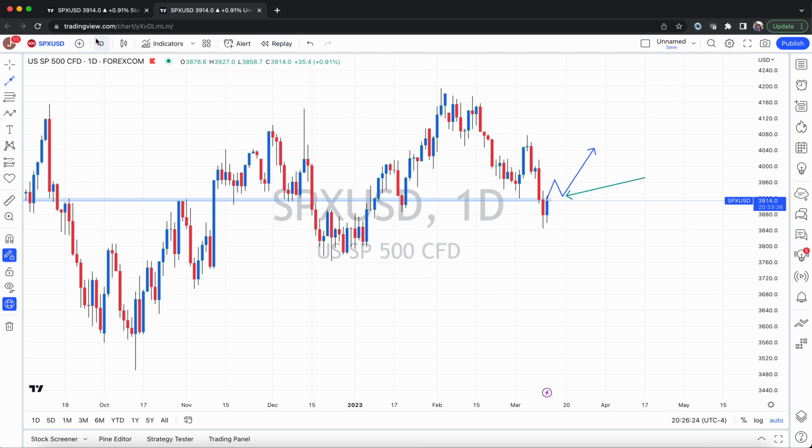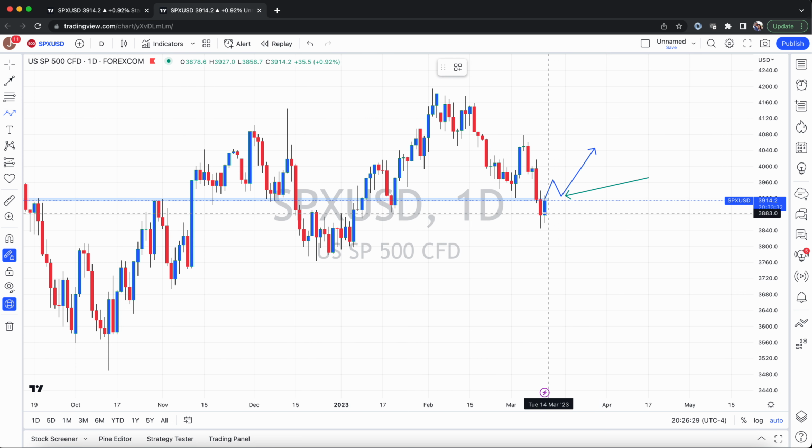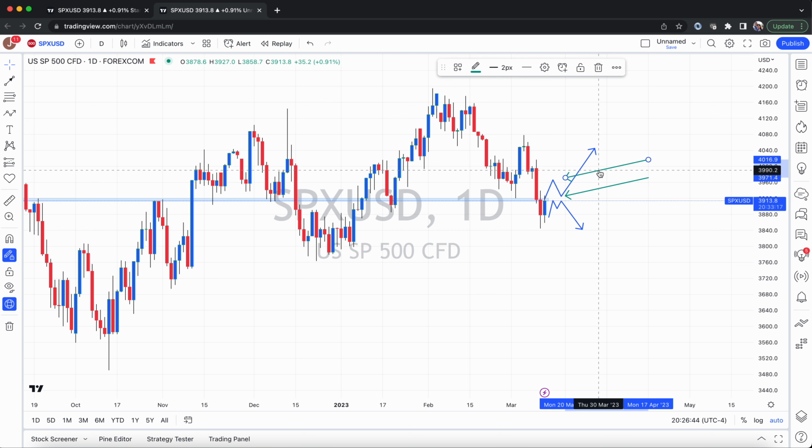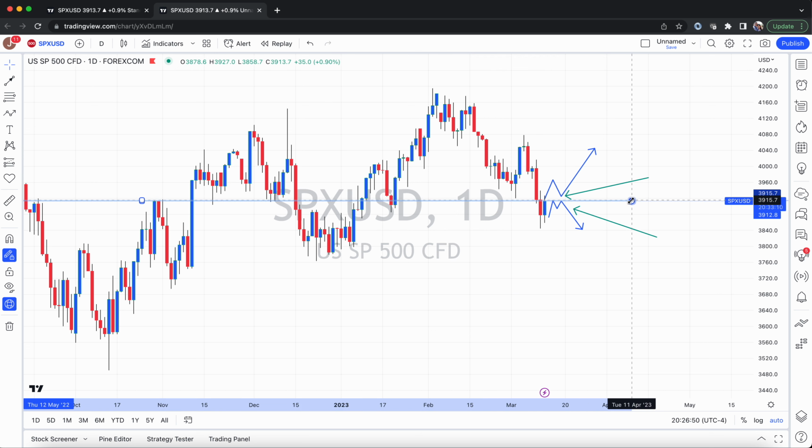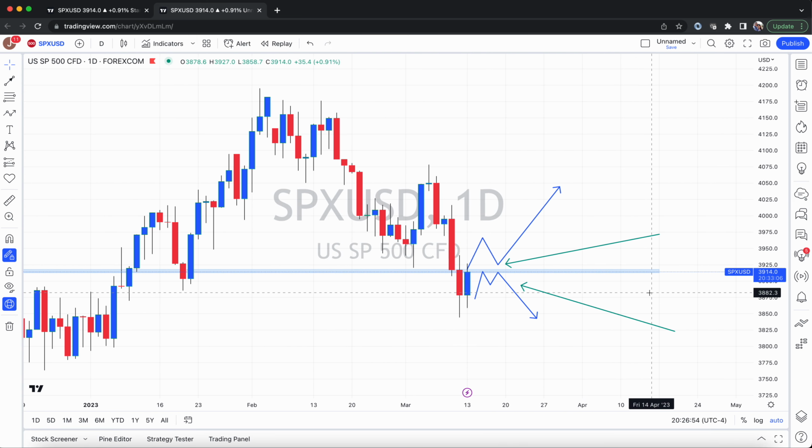And now same thing goes for shorts. Price is trying to go up, rejects off the zone, comes back slightly. That was the first rejection, right? Goes back up again. So here you go. Plan for both sides.